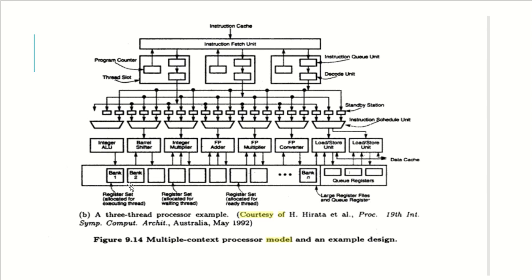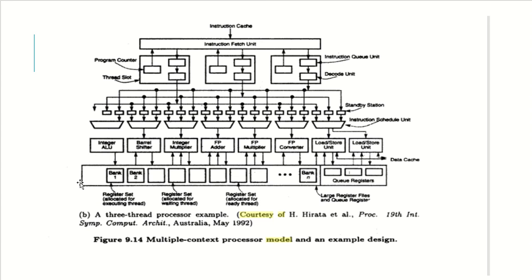Then you can have some banks used as registers: register set 1, register set 2, and so on. This is a bank of registers. Then you will have some queue registers also. Put together, this is the architecture of a 3-thread capable processor. So that is about multi-threading issues and solutions.